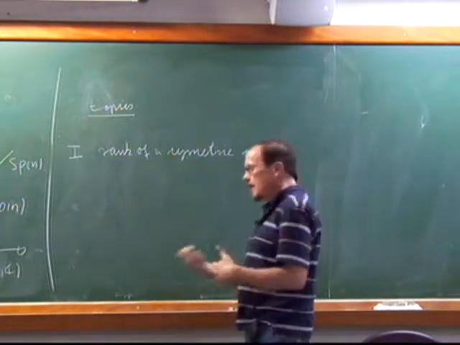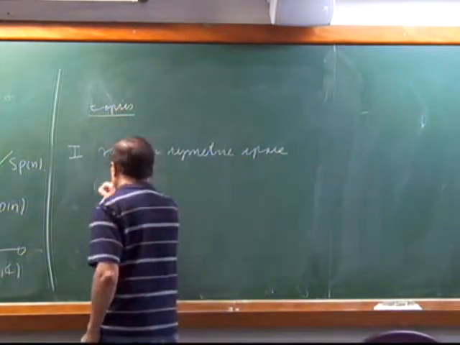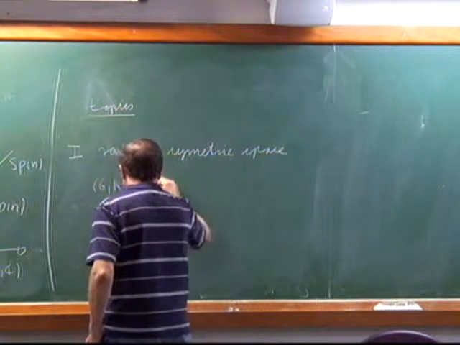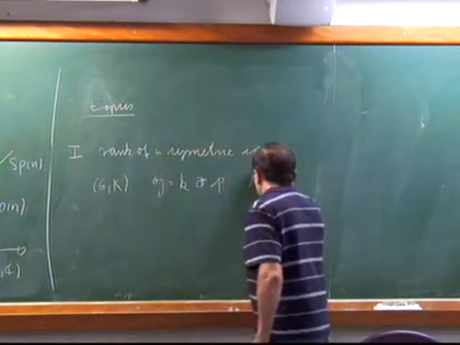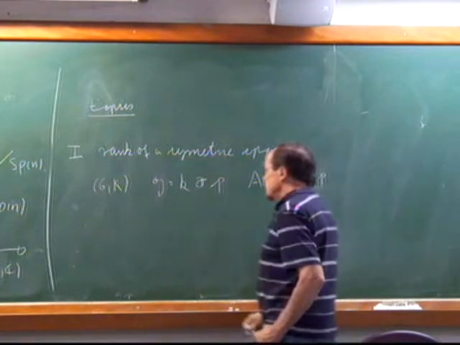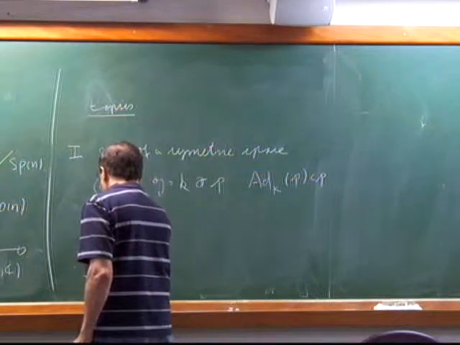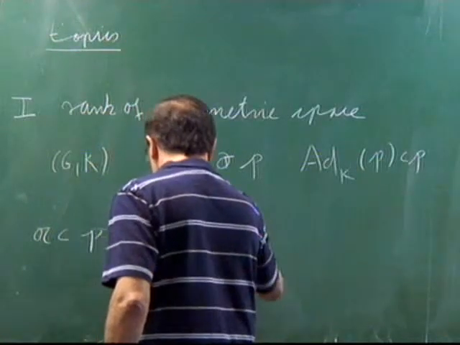This is an analog of the rank of the Lie group, but now I do the following modification. I have my symmetric pair, I have my Cartan decomposition, and of course Ad K takes P to P. And then I look at subalgebras A inside P, which are maximal abelian.